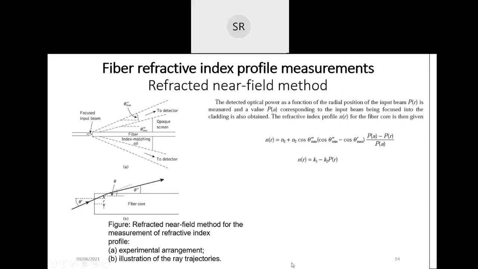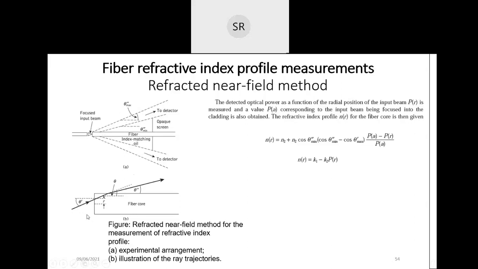So we will observe here the minimum corresponding angle of incidence, that is theta minimum. Generally we can say that light at an angle theta dash greater than theta dash minimum must be allowed to reach the detector.